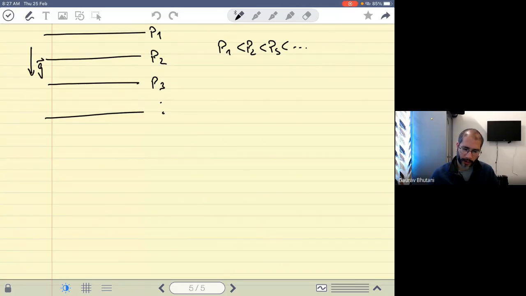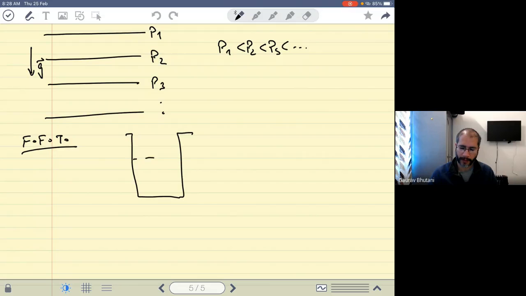Okay, so there is a question for you. Let's call it FFT. It's not fast Fourier transform, it's food for thought. If I have a glass and there is some water in it, then we know that the free surface, which is the one that separates the liquid from air, will be horizontal. So my direction of gravity is this.